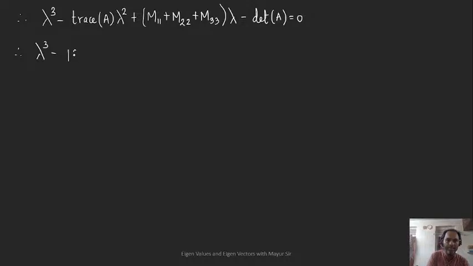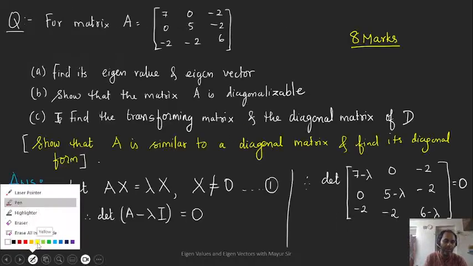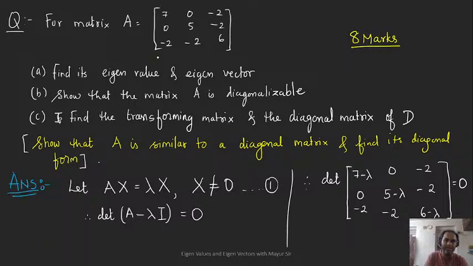Now M11 means you delete the first row and the first column.